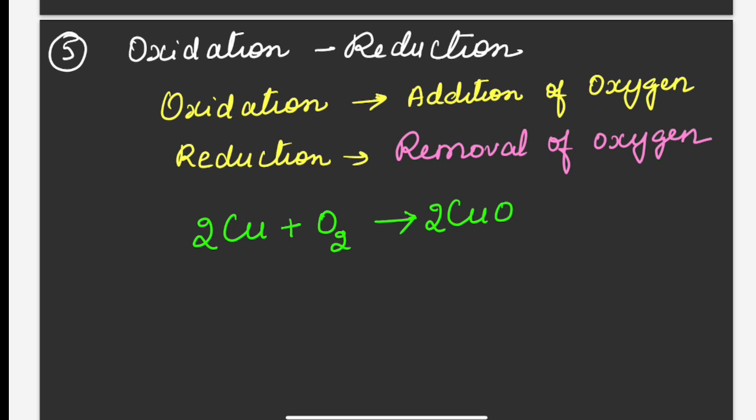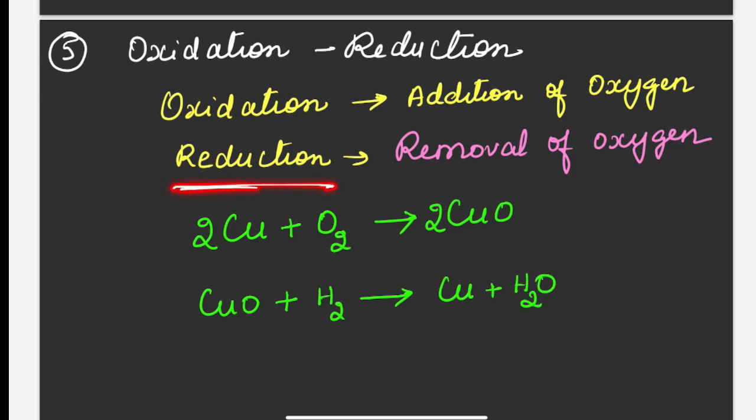Next we will see an example for reduction reaction. The example for reduction is CuO, that is copper oxide. When you treat it with hydrogen, the product you get is copper plus H2O. What is happening here? Observe again. We said that reduction means removal of oxygen.